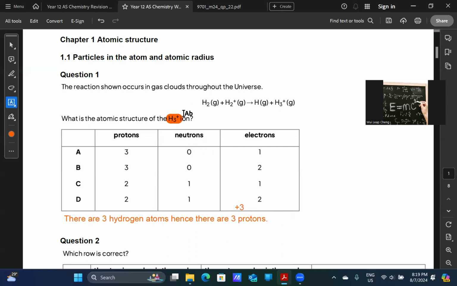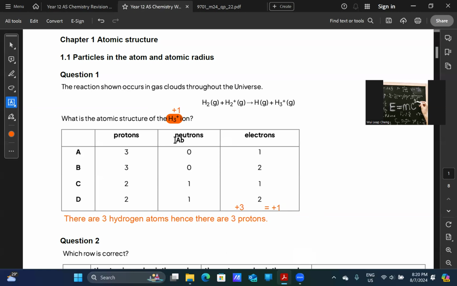And the overall charge here is only 1 positive charge. So this indicates that this ion contains how many electrons, to get the overall charge as positive 1? Because the overall charge here is positive 1, right?